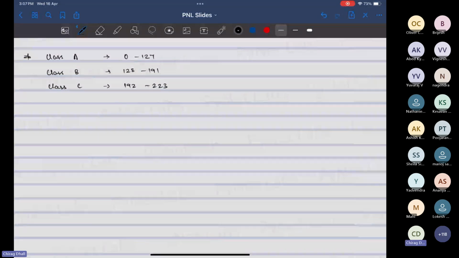Every class has a distribution of network and host bits. In class A, the network bits are 8 and the host bits are 24. In class B, the network bits are 16 and the host bits are 16. In class C, network bits are 24 and host bits are 8.